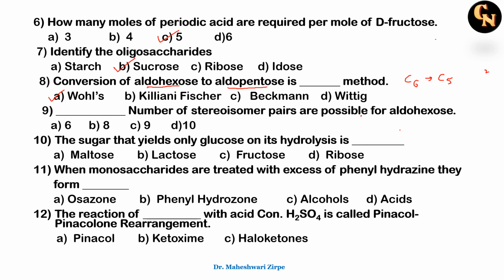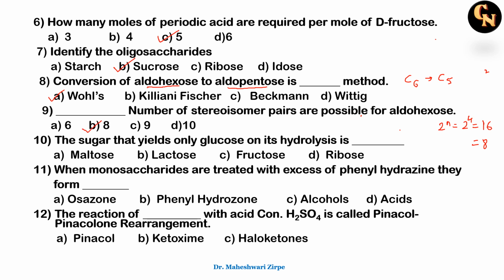How to find the stereoisomers is explained in the previous video, that is with the formula 2 raised to n. Hexose has 4 chiral carbons. So that's the reason you will be getting 16 isomers, that means 8 pairs of stereoisomers.